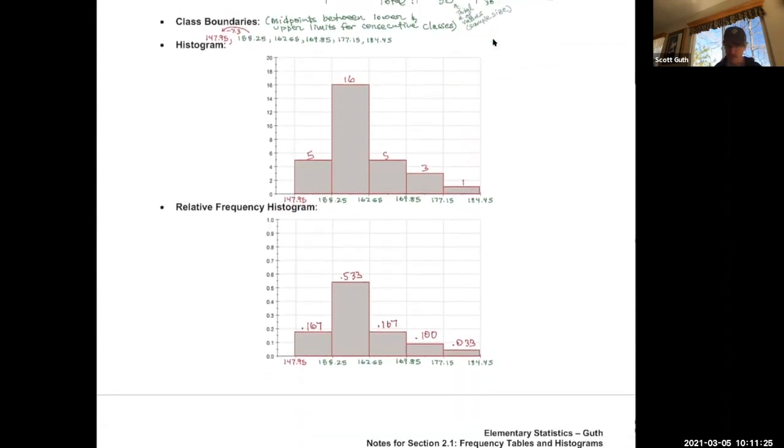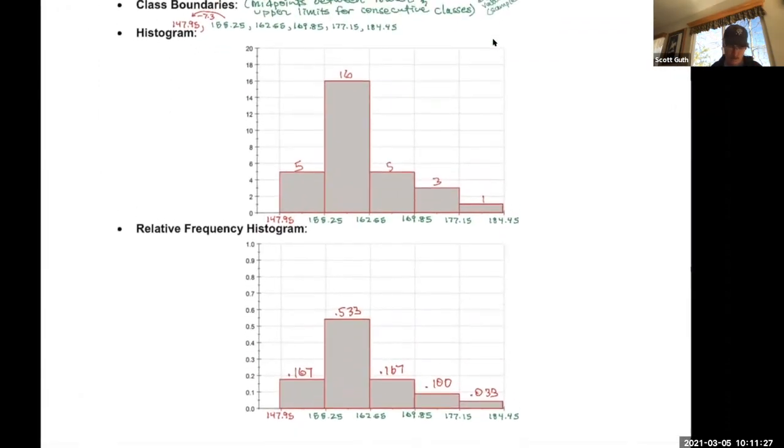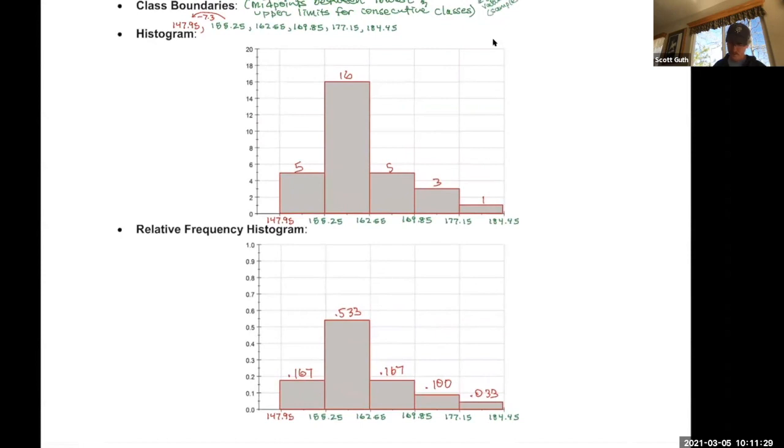Okay, so that's the relative frequencies. Basically, it's the same, just using kind of percentages rather than the actual numbers, the counts or the frequencies. And I'll let you guys have a little moment to catch up on this.